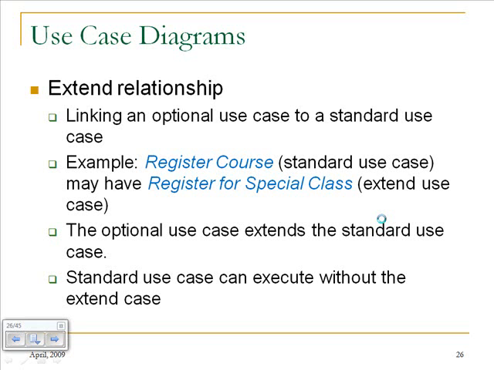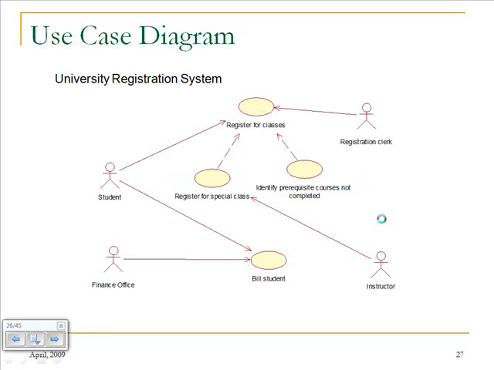Then we can also have extended relationship, and I think I showed an example before. In this case, when we talk about extended relationship, we're talking about having this kind of diagrams which shows dependency. So I can have a use case between a student and registration clerk. This is for a university registration system.